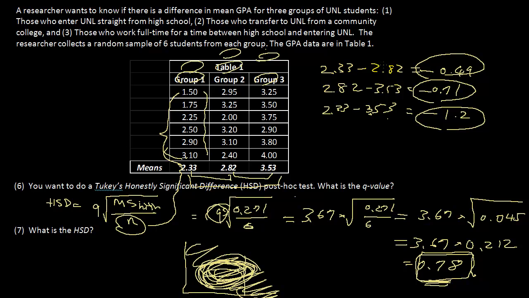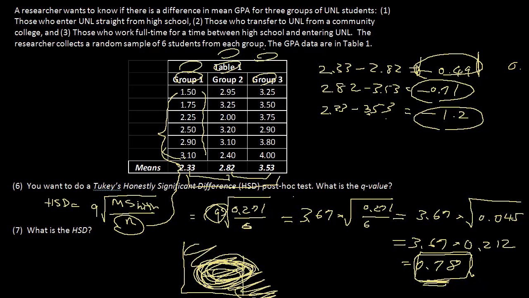It doesn't matter if positive or negative, because what we are concerned about is the distance between these two, the absolute distance. 0.49, 0.71, 1.2.